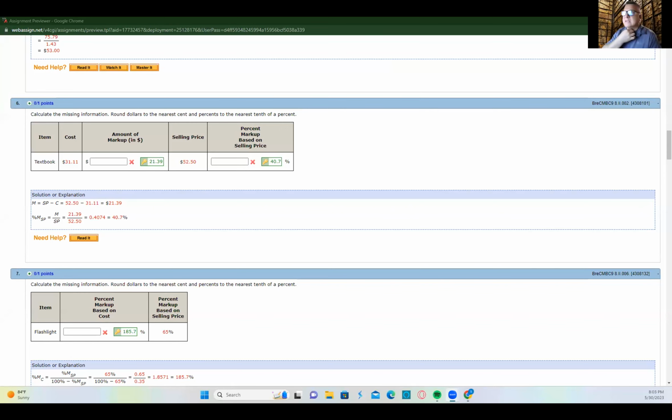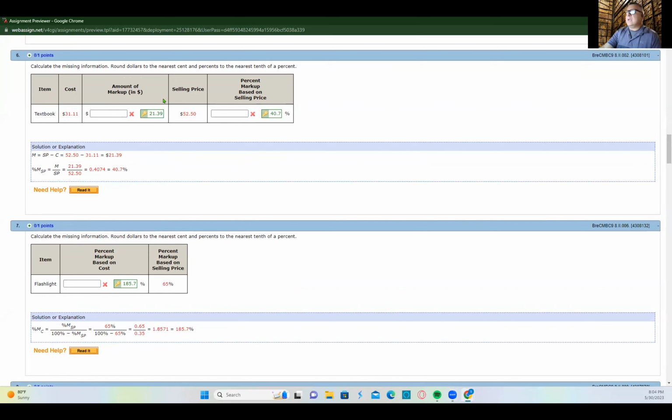Okay, so Sydney was asking about markup based on cost and markup based on price. They give you formulas for that, right? Let's look at number 6. The amount of markup was pretty easy to find because you had a cost and a selling price.